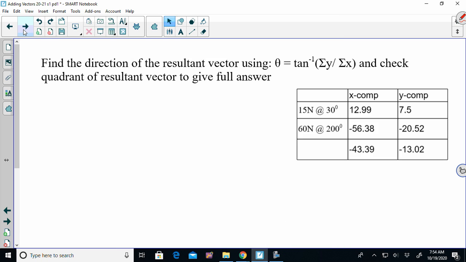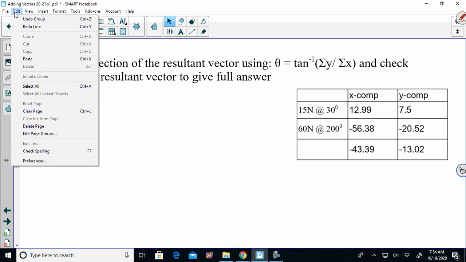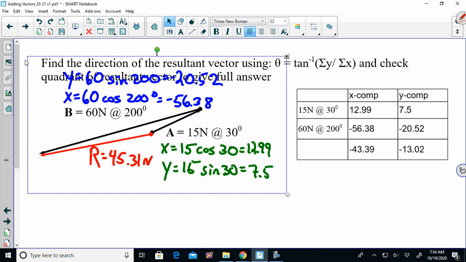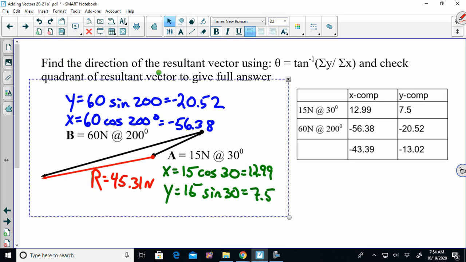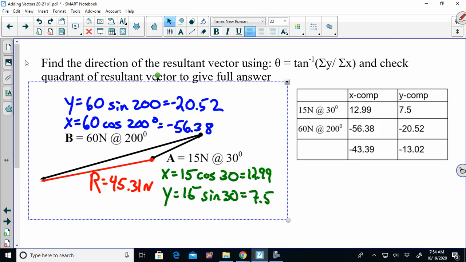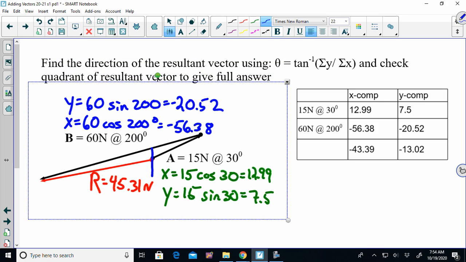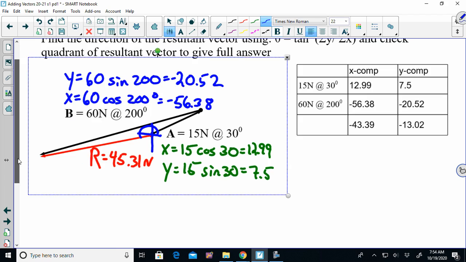So the next step is to find the angle. And so I'm looking at this angle right here. That's the angle I'm looking for. So I'm going to find the angle using the inverse tangent, which we did, again, when we were looking at perpendicular components.